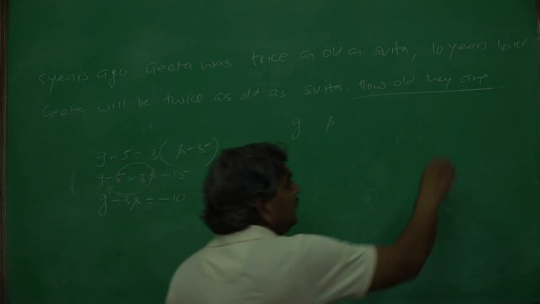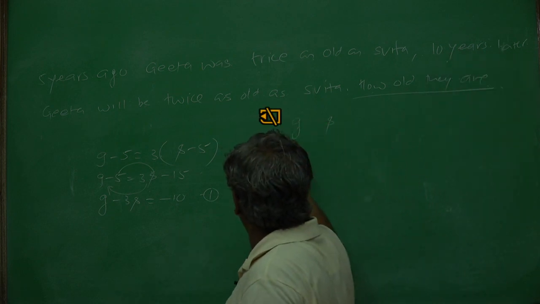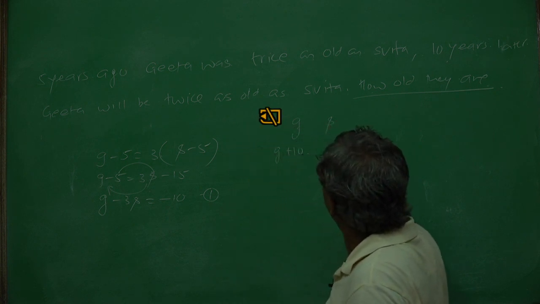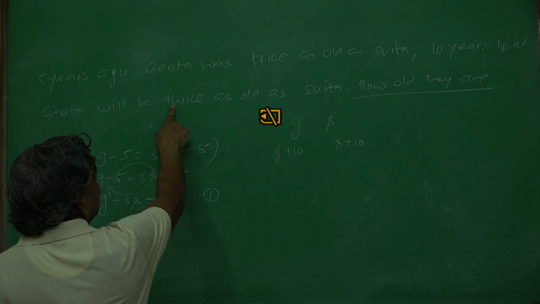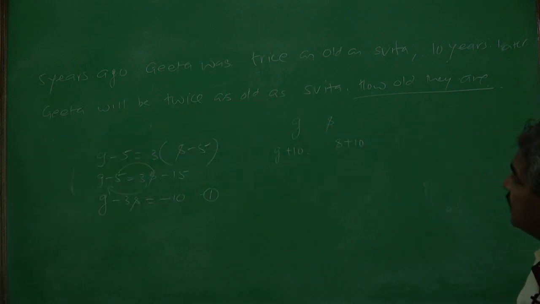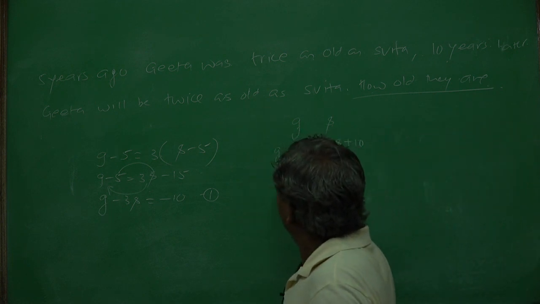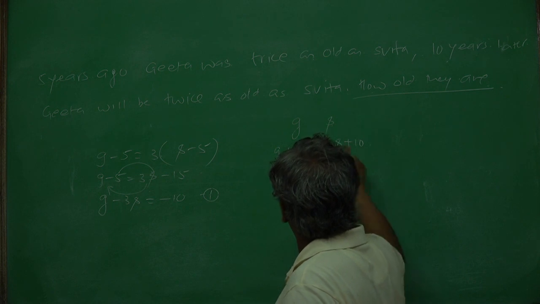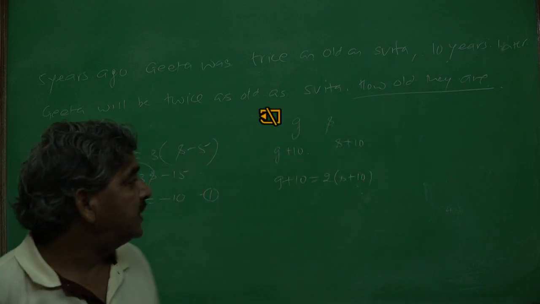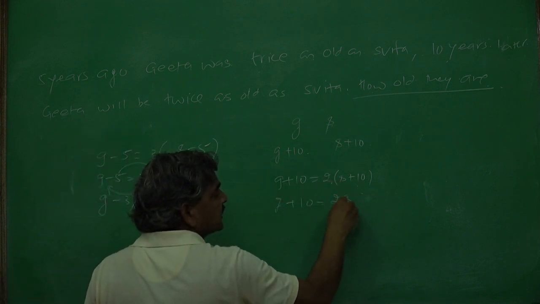Now 10 years later, after 10 years, the age of Gita is G plus 10 and Sagita is S plus 10. Gita will be twice as old as Sagita. So G plus 10 is equal to 2 into (S plus 10), which is 2S plus 20.